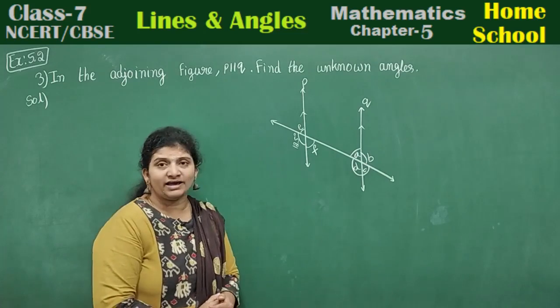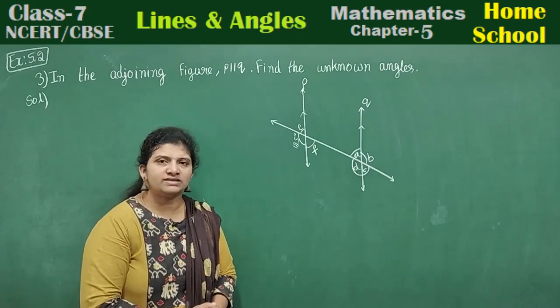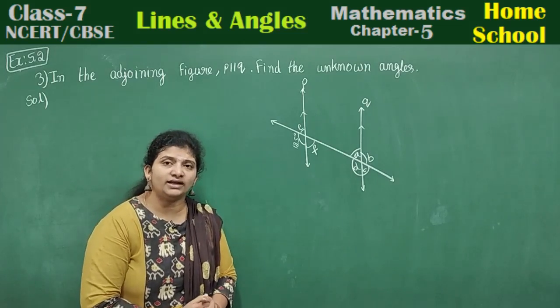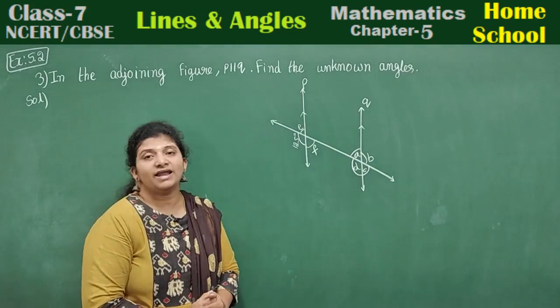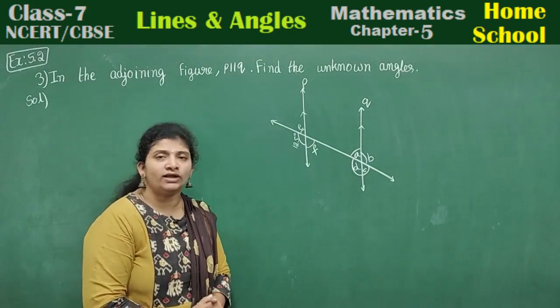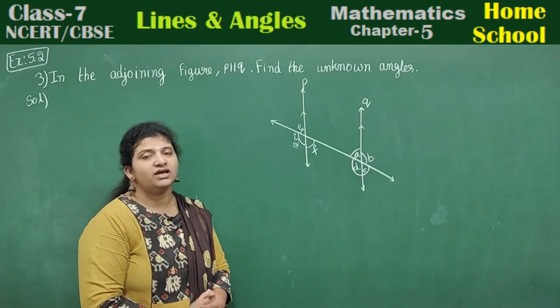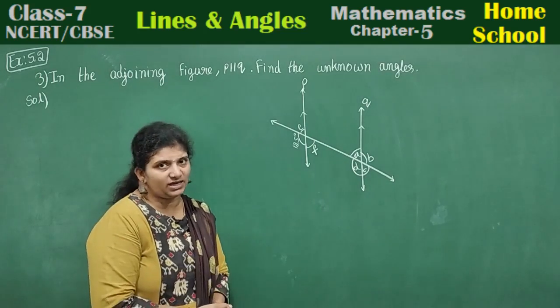If a transversal is drawn on two parallel lines, you can imagine something. What is that? Their alternate interior angles are equal, vertically opposite angles are equal, corresponding angles are also equal, right? Not only identifying the pair of angles, if the lines are parallel, we can say those angles are equal.